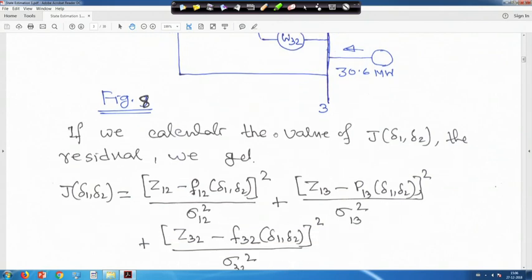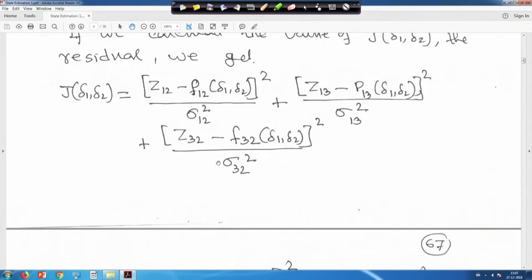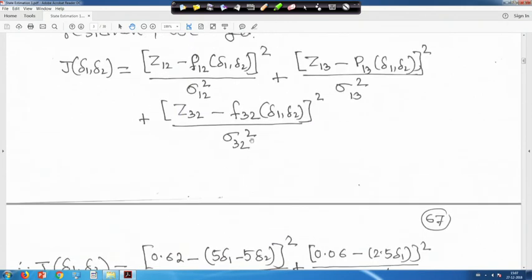Now if we calculate the value of the residual function J of delta 1 and delta 2, it is the sum of z12 minus P12 of delta 1 delta 2, then z13 minus P13, and z32 minus F32, all squared and divided by the respective meter's standard deviation squared, that is the variance.